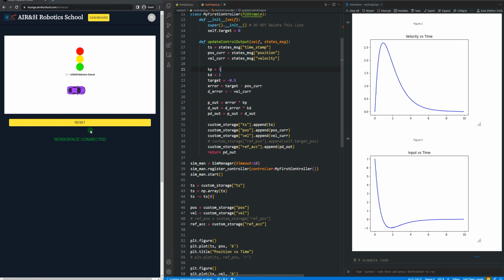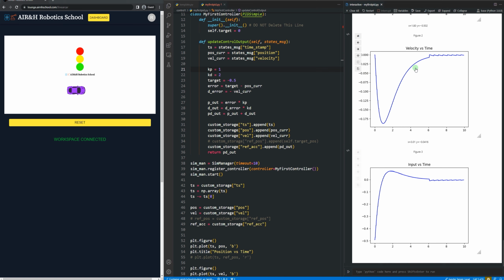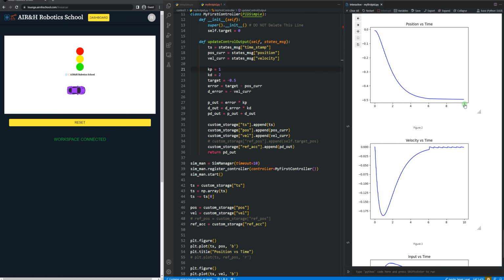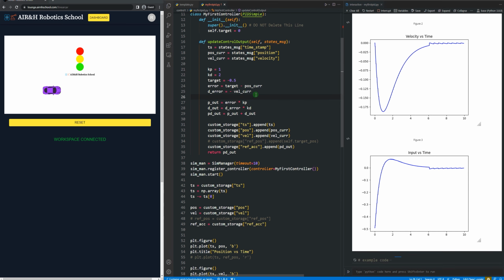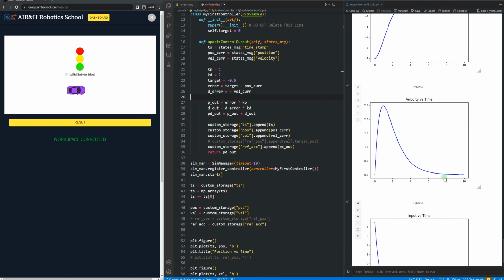Oh, I forgot to reset the car, so let me stop that. Yeah, it's kind of trivial because the car didn't really move a lot, and it's 0.5 meters. So let me reset the car and run this again. It stops there. Still, I think -0.5 wasn't sufficient as our target, but you know what I mean.